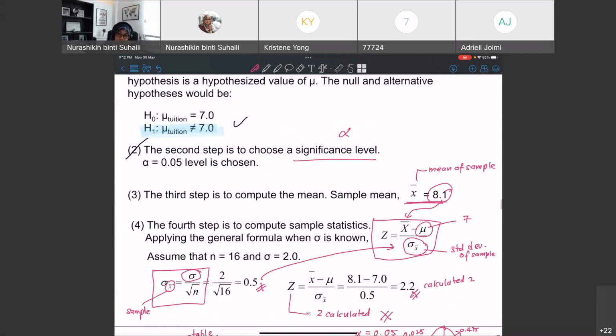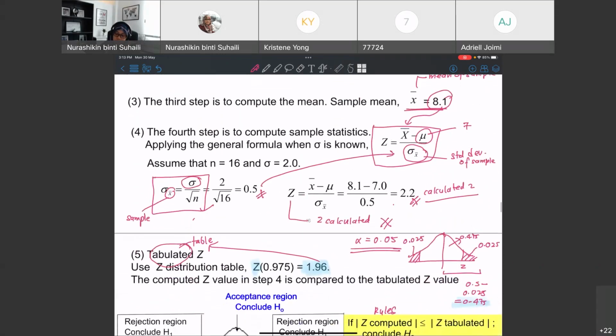Third step is to compute the statistics. What are the things that you have to compute? You have to compute the Z value, right, based on the information given. In order to calculate the Z, you need the sample standard deviation to use this formula, and then you substitute the values into it. We got the Z value. That is the calculated Z.